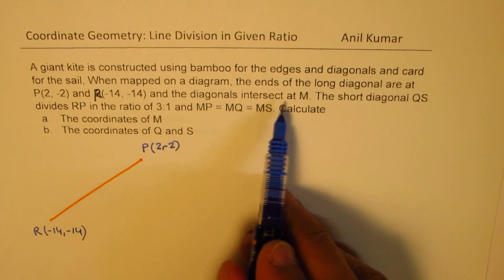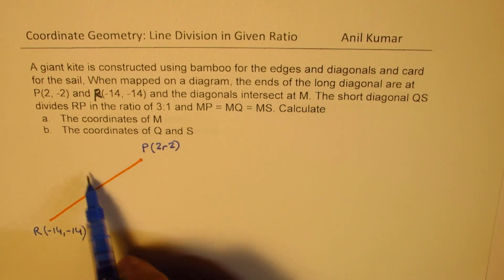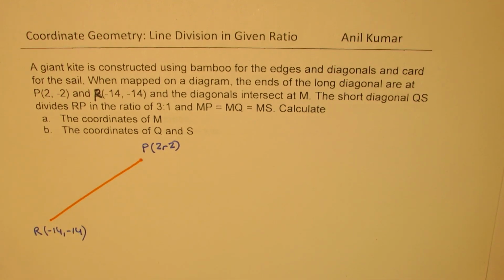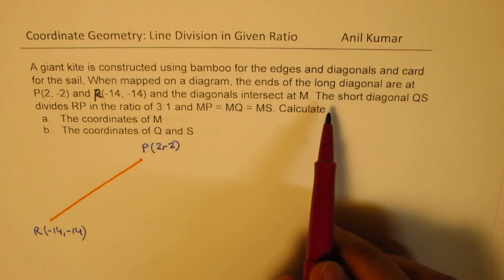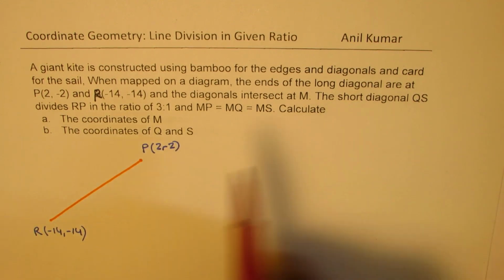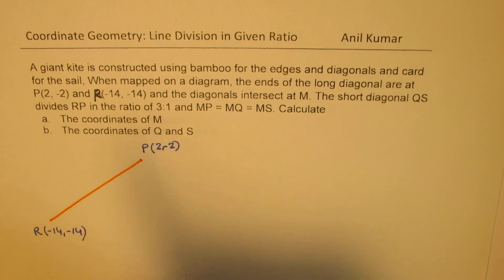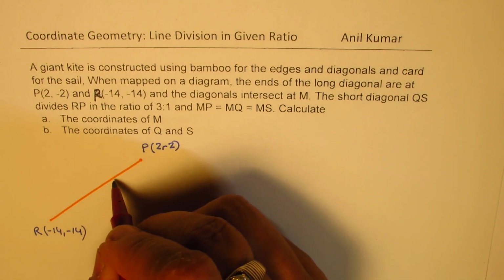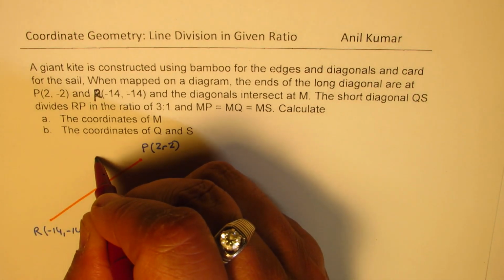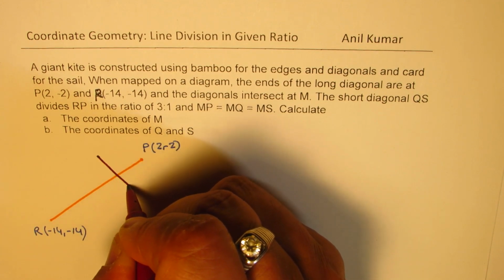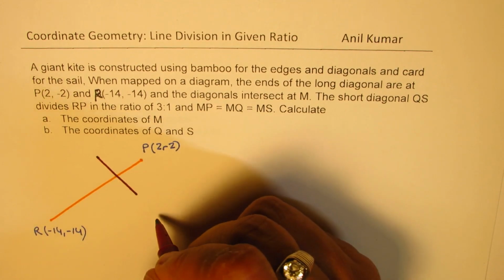The diagonal intersects at M, so there is another diagonal here which will be at right angles for sure, right? The short diagonal QS divides RP in the ratio of 3:1. So we'll say 3:1, we'll divide into 4 parts, and let us say this is your short diagonal. Okay.